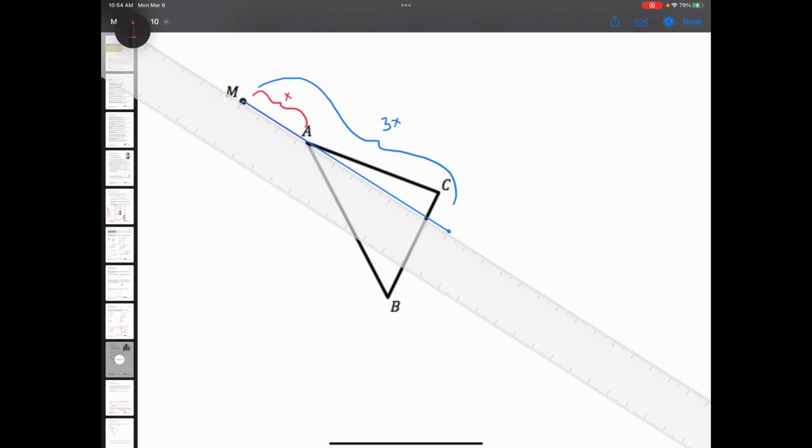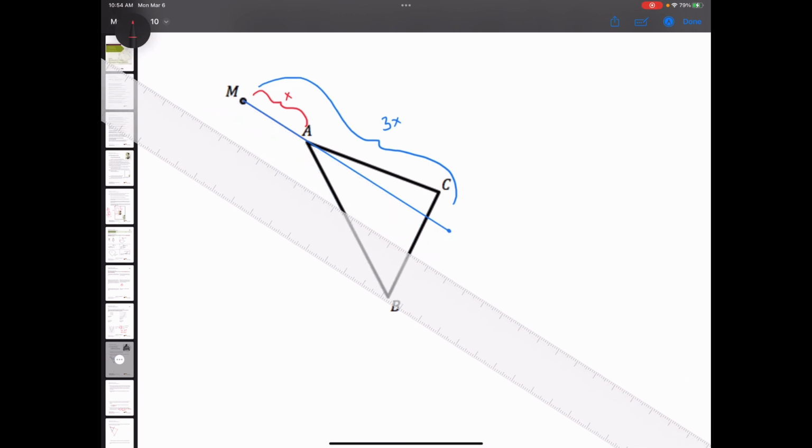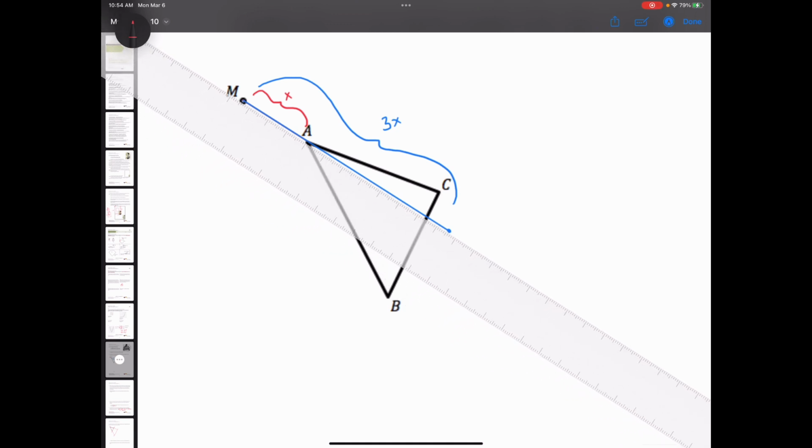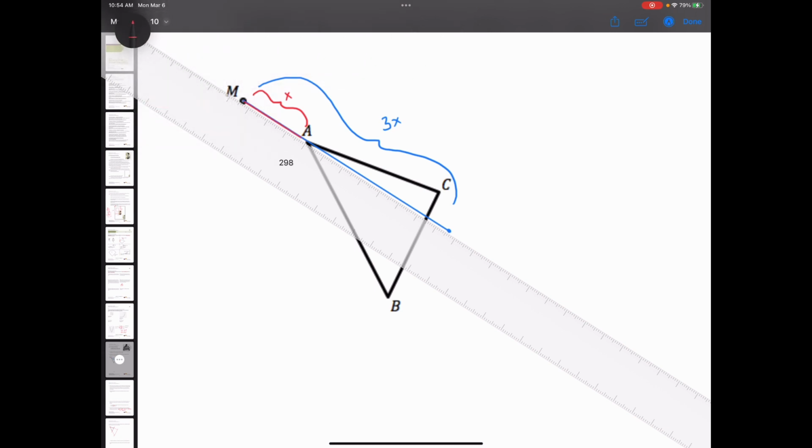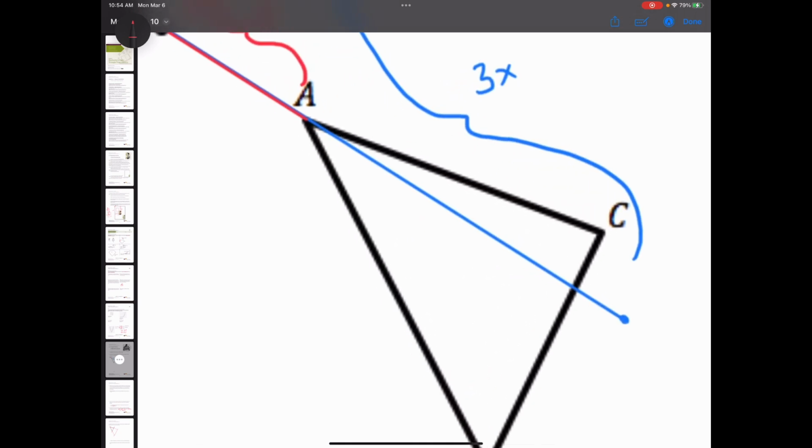Then the blue line should be 3x. Sorry, let me put this one back in red. There you go. Now you can see both.